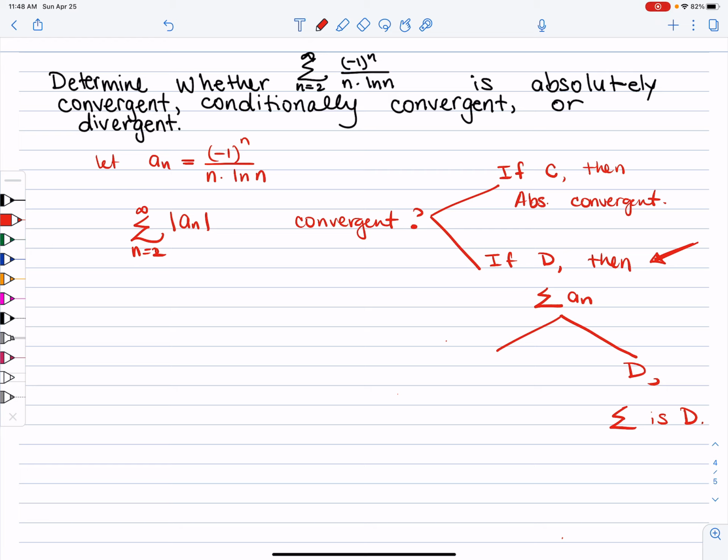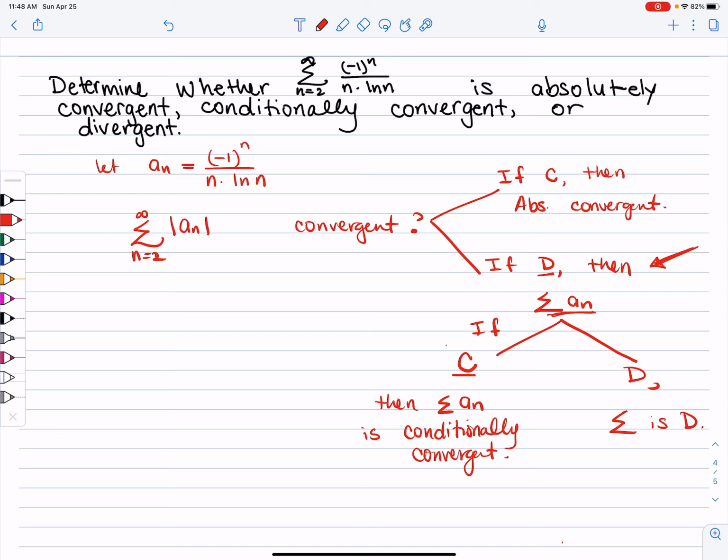But if the original series is convergent, so the series in absolute value is divergent, but the original series is convergent, then the series is conditionally convergent. All right?